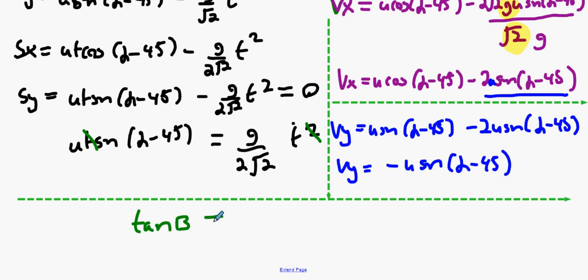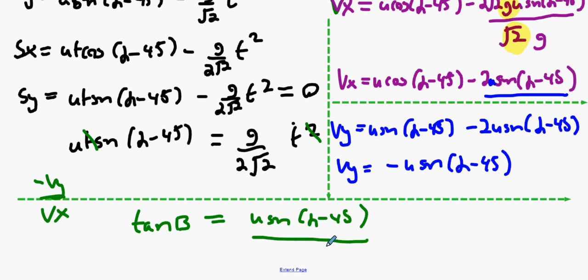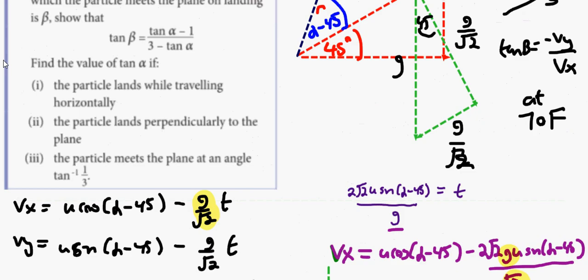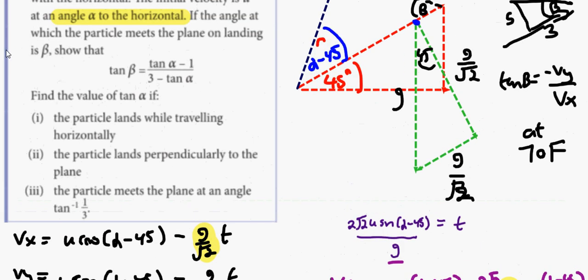Tan beta equals minus Vy over Vx, which is u sin alpha minus 45, all divided by u cos alpha minus 45 minus 2u sin alpha minus 45.